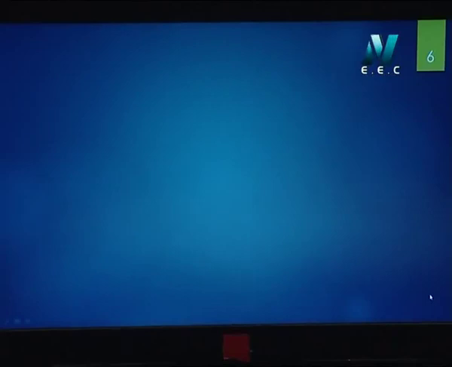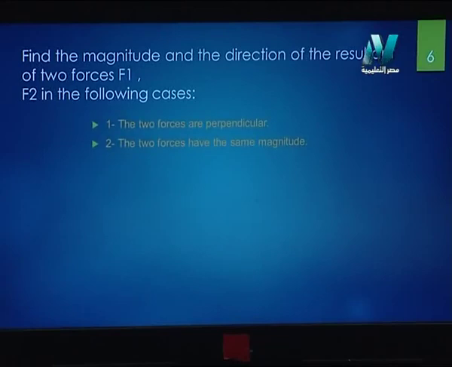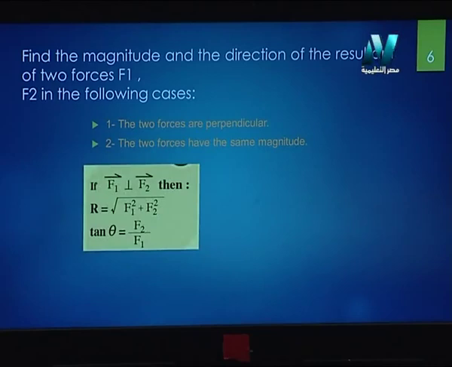Let's move to the second question. Find the magnitude and direction of the resultant of two forces F1 and F2 in the following cases. We have special cases here. If the two forces are perpendicular, this is the first case, and the two forces have the same magnitude, this is the second case.